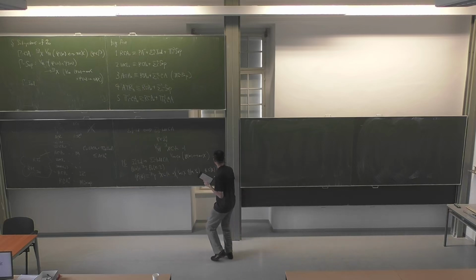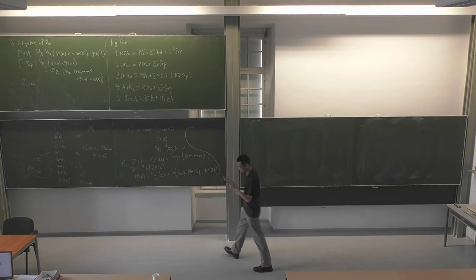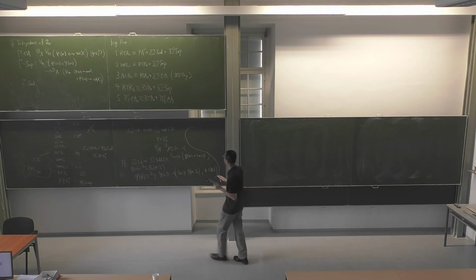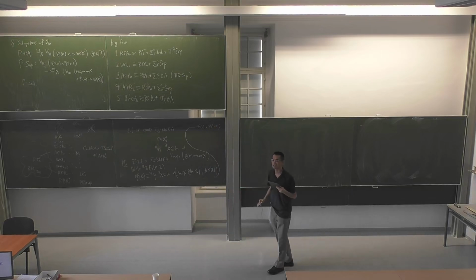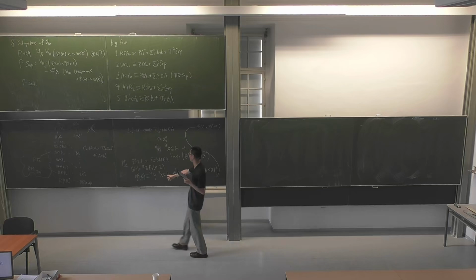What do we know then? We can easily check that C0 holds and not C of n plus 1 holds, because X is a subset of 0 to n.